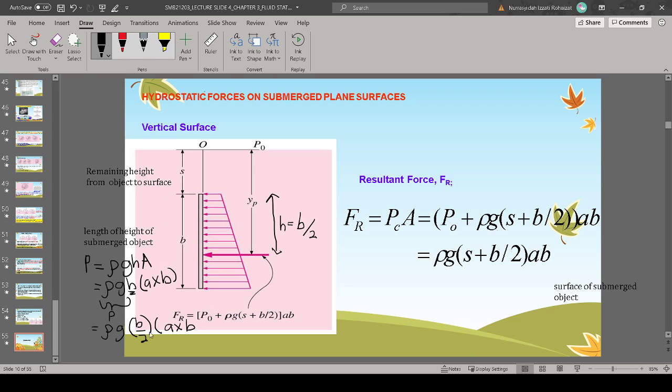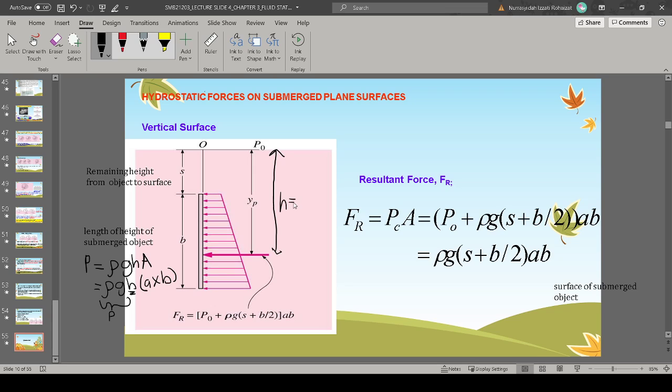Why do you see on this equation we have s, and on this equation we don't have? It's because of the remaining height to the surface, because our object is further beneath the surface, so the height there should be from the top.